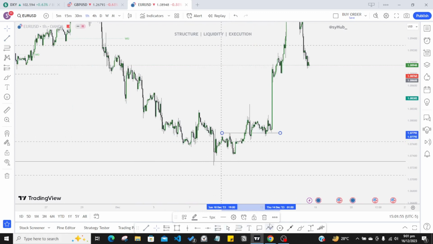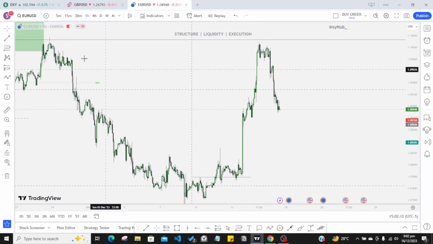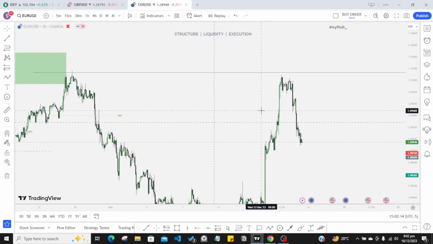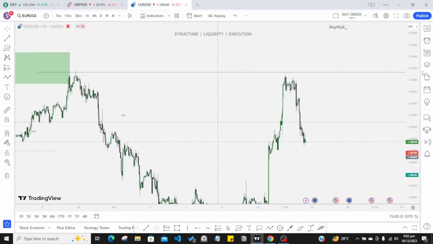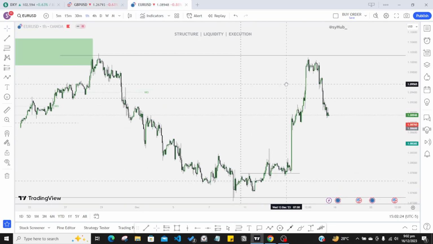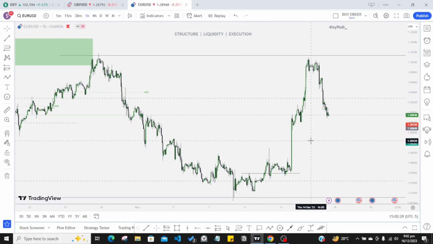Let me draw it out. Price was now on an uptrend. We saw price made the higher low to confirm the uptrend, and after price took out this high, made the higher low and just ranged, waiting for the FOMC to come in and push price to the upside, targeting this liquidity here. But as you can see here clearly, price hasn't taken out this liquidity here, but price has done that on the GBP, which is just a relative strength variation, which shows that GBP was stronger than the US Euro this week.